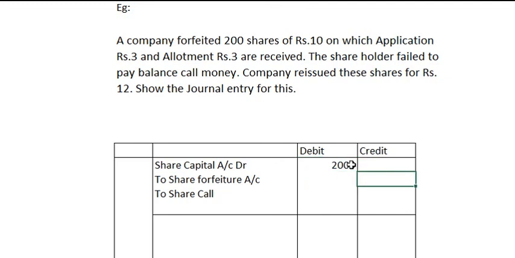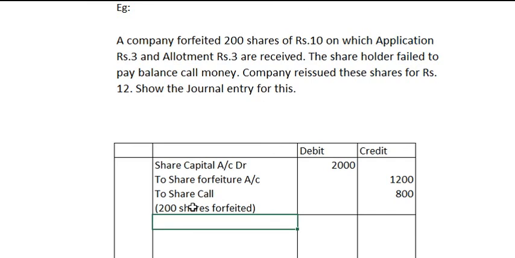And to Share Forfeiture Account, the amount paid on these shares, the total application and allotment money he paid: 3 plus 3 is 6, so 1,200. The total paid amount will be credited to the forfeiture account, and the unpaid value of rupees 4 of call money, 4 into 200, is 800. Now the forfeiture is done. The narration will be: 200 shares forfeited. Now we have completed the forfeiture case.